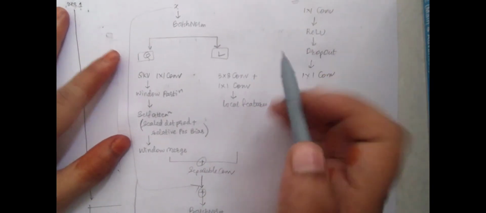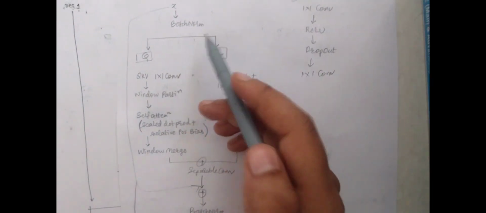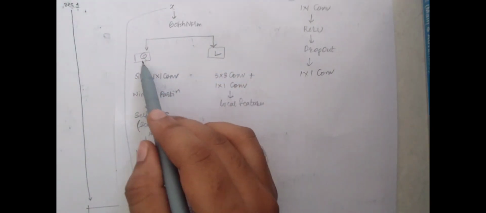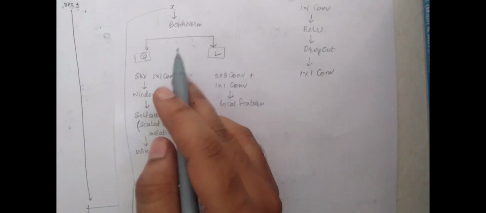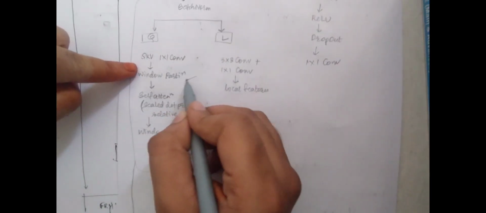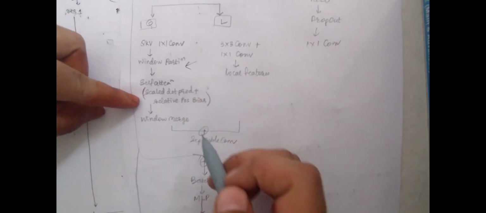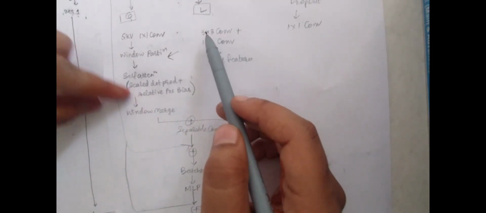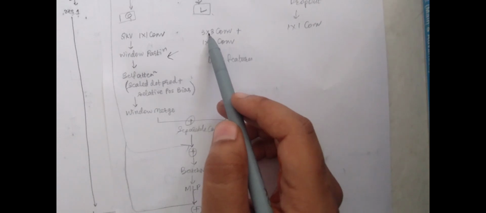GLTB is this one. The input is divided into two branches, global and local. Here in the global side we take the input and divide it into query, key, and value, Q, K, V, and do window partition. I think this is a bit confusing.